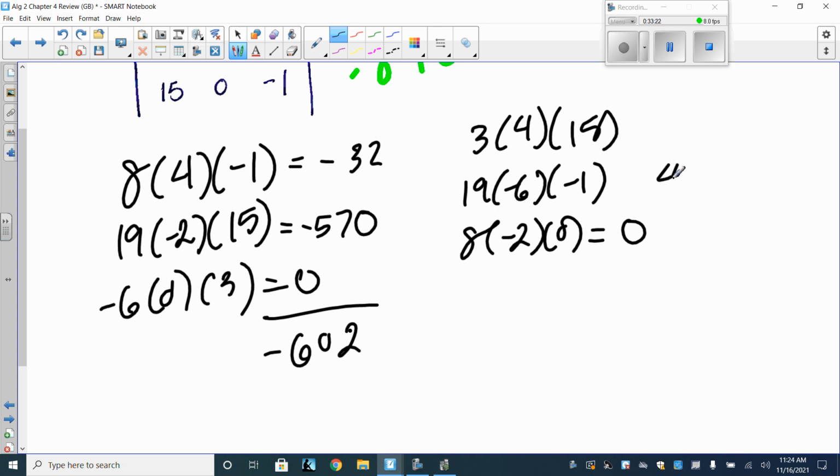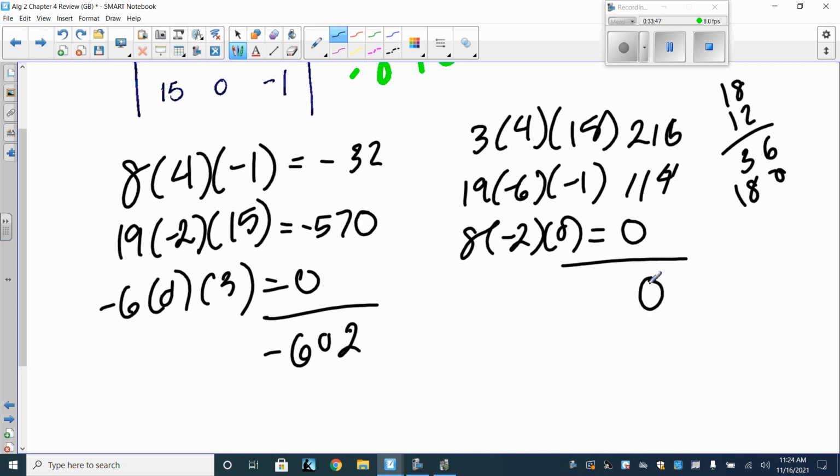Here, 4, carry the 5, 114, oh, 18 and 12, carry the 1, 216, 0, 330 subtract, and if I did this right, I don't think I did.